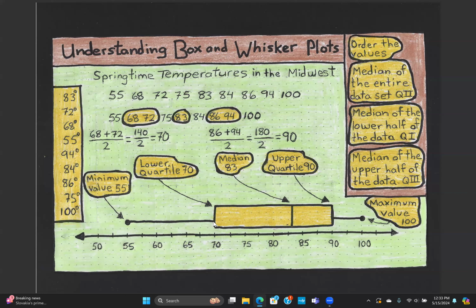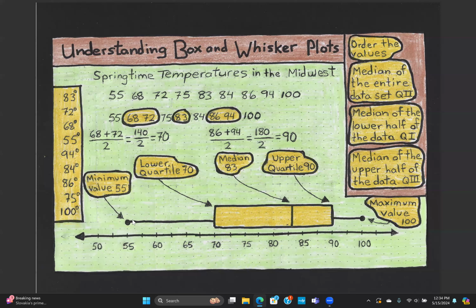And we're going to connect a line from the interquartile range to the lowest temperature right here, just to let us know that maybe that's a little bit of an outlier for springtime temperatures in the Midwest. And then again, we have another outlier, which is at 100, and that is our other whisker right here. See, these lines are known as whiskers right here, and they connect right here to the lowest value and to the highest value.